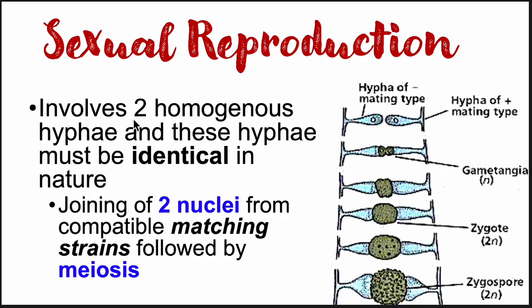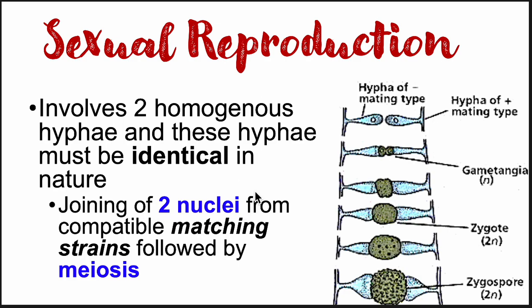For sexual reproduction, what's the process? Meiosis. Sexual reproduction, as opposed to asexual, involves two homogeneous hyphae. As you can see here, there is one hypha and another hypha, and the two hyphae must be identical in nature. In order for them to fuse and their nuclei to fuse, they must be identical in nature.